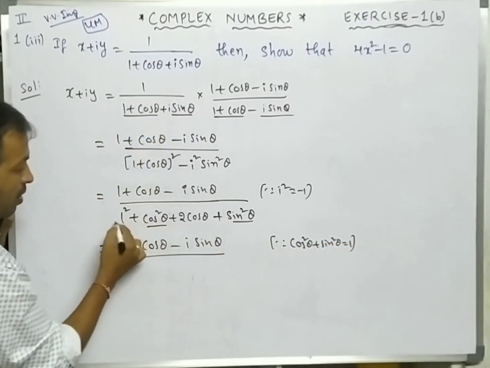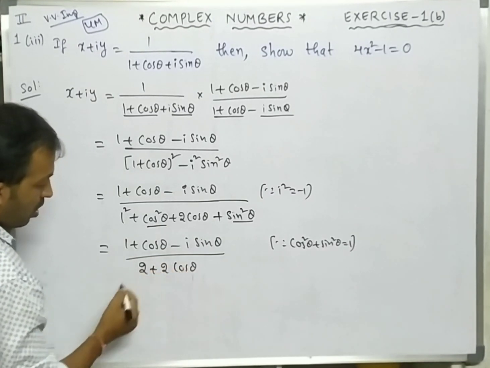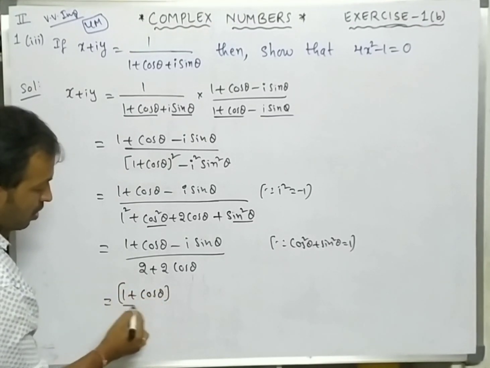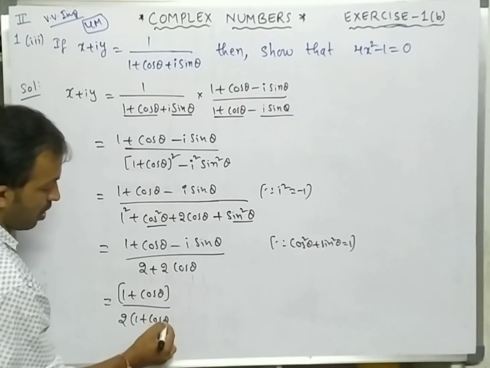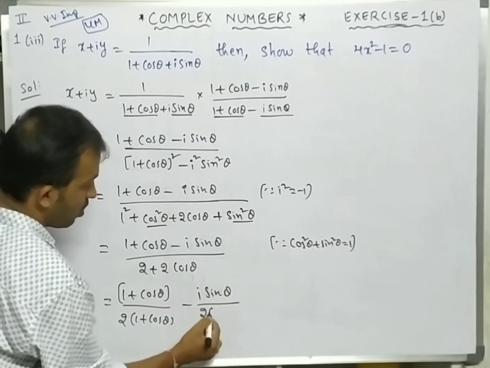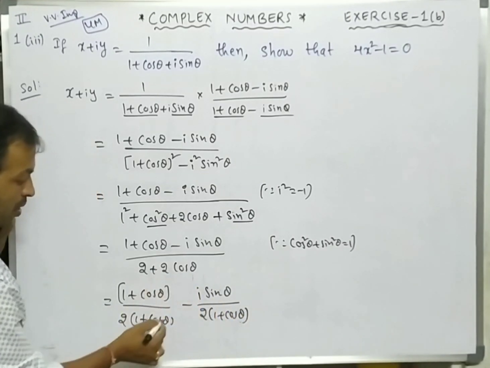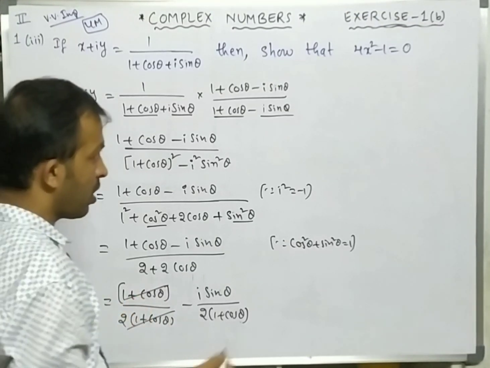So 1 plus 1 is 2 plus 2 cos theta. Now split it, you will get the real part (1 + cos theta) by 2, 2 is common in the denominator, minus i sin theta by 2 into (1 + cos theta). 2 is common in the denominator, so 1 plus cos theta gets cancelled. Finally x plus iy is equal to this.